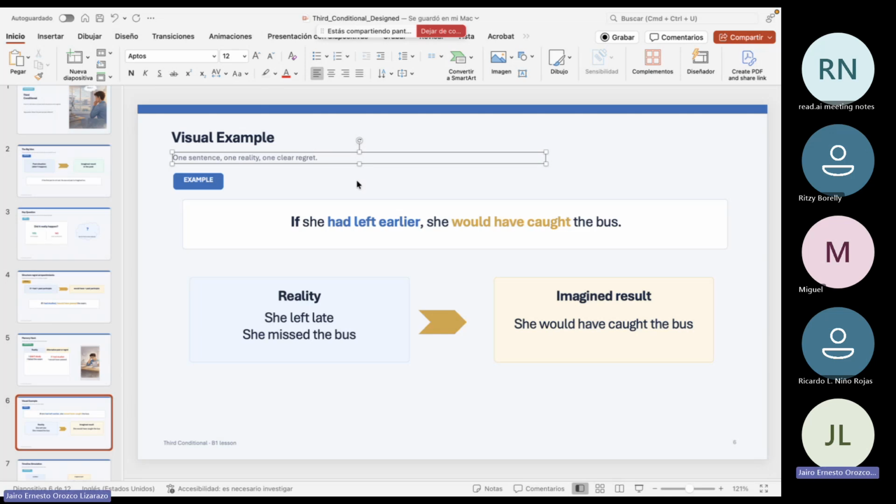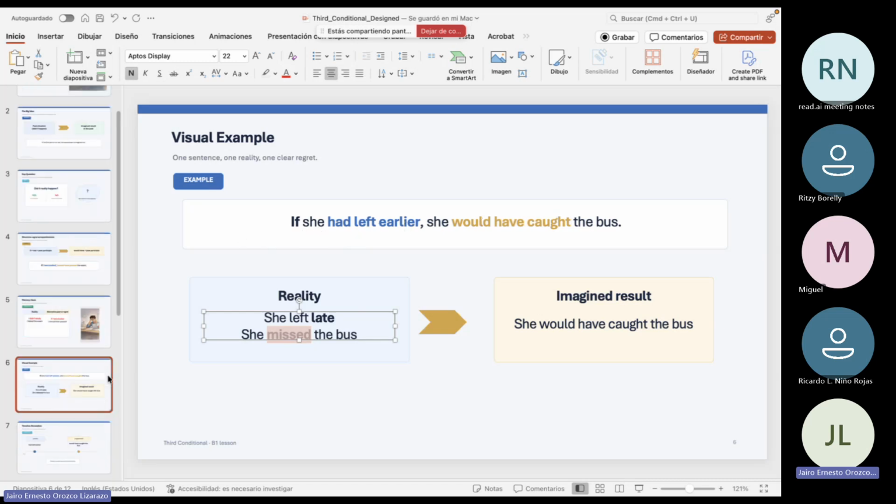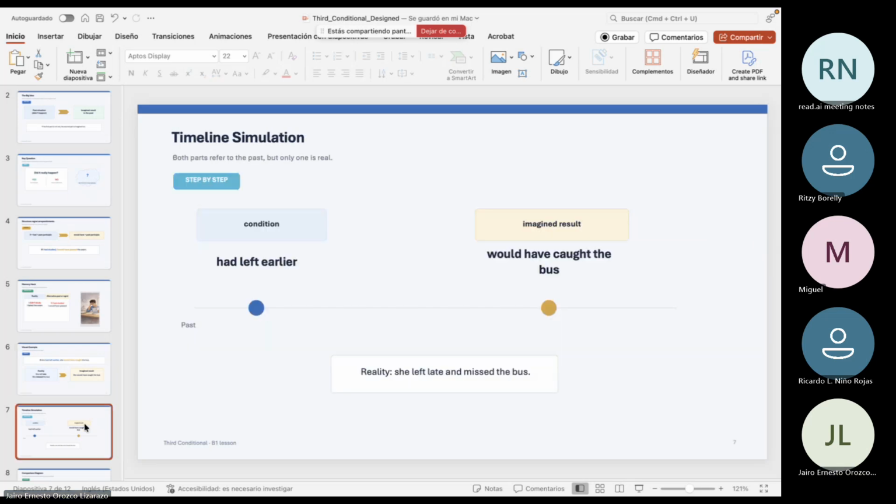If she had left earlier, she would have caught the bus. So what happened? She came late. This is the reality. She came late, right? Which is why she missed the bus. So what is her regret? Her regret is that if she had left earlier, she would have caught the bus, right?